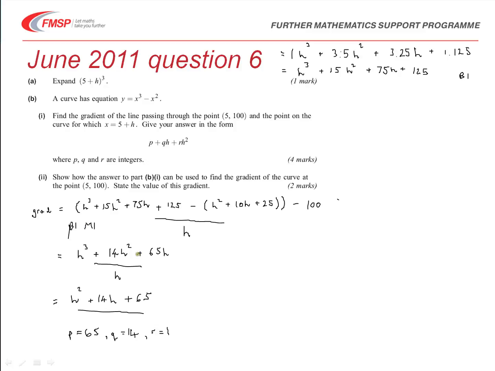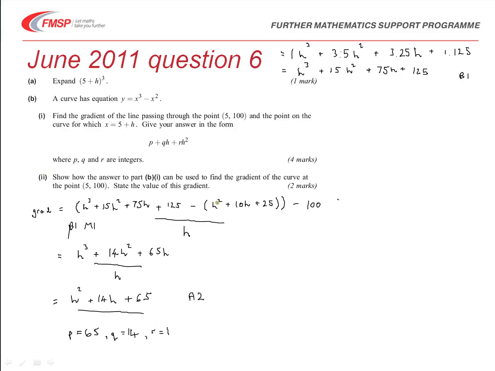Using the correct formula is the key thing for obtaining that method mark. But then having the correct expression for the gradient would be worth 2 marks, and you'd lose a mark for 1 error at that point.